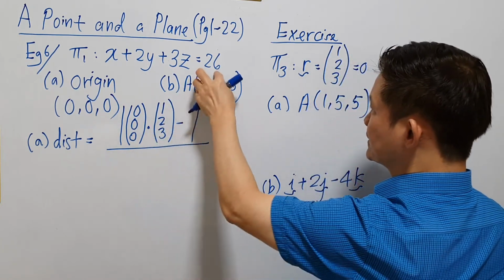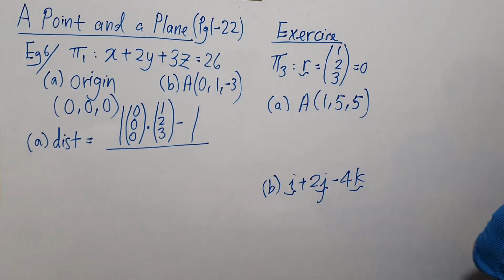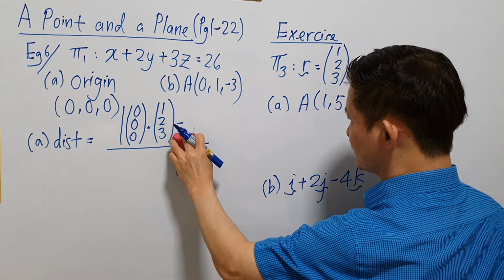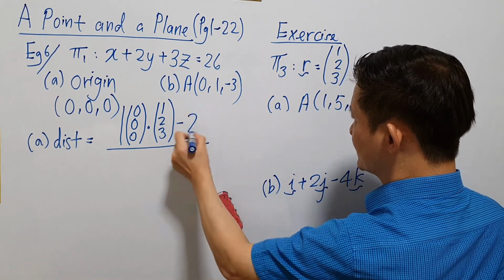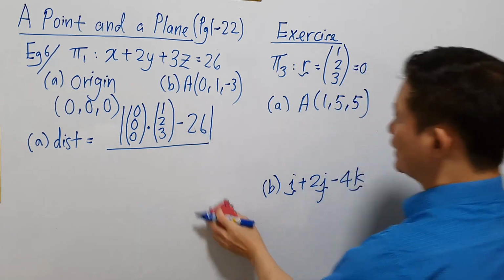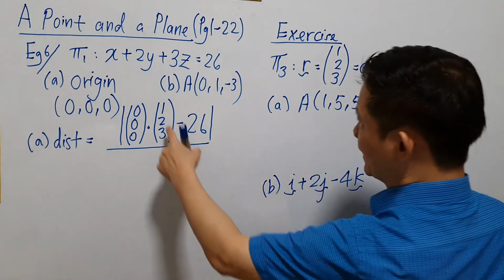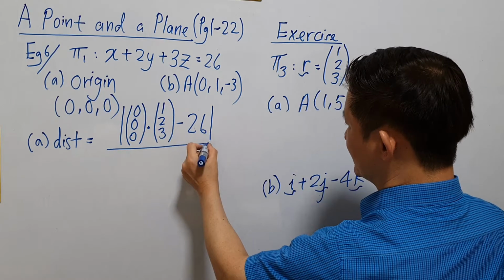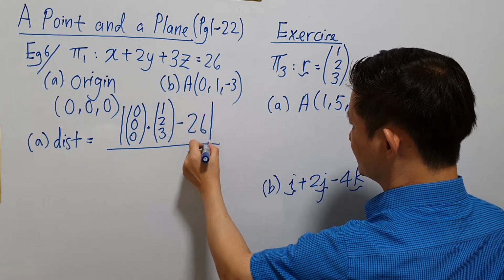Then minus away this number, which in this case is 26. Then you divide by the magnitude of the vector n.